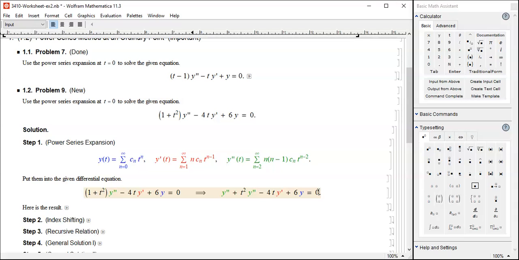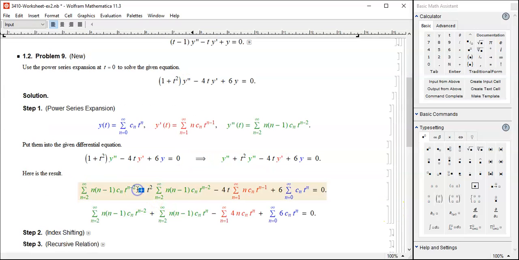I decided to do the latter, so let's use the second form of the same equation, and I'm using the color coding: y double prime green, y prime red, and y blue. Now ready to substitute? Here's the result: the green series, the green series, the red series, the blue series. All good.